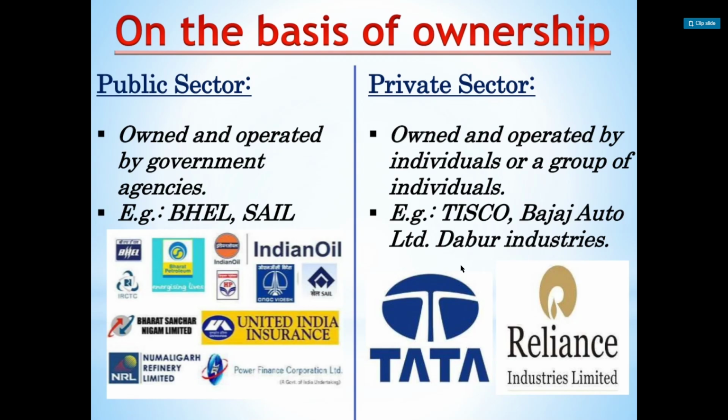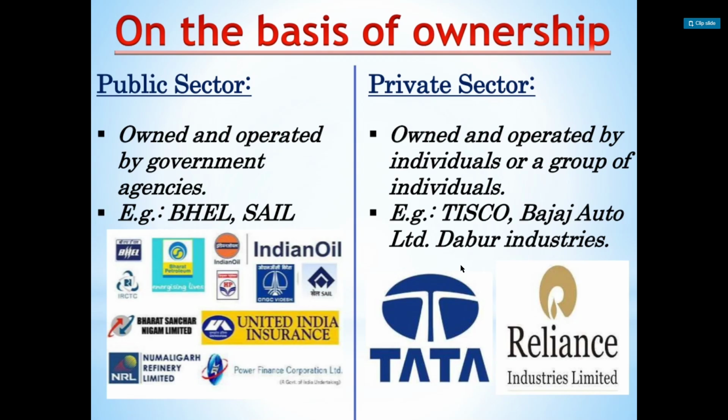So, the public sector, for example, BHEL and SAIL. And in the private sector, TISCO, Bajaj Auto Limited, Dabur Industries, Tata, Reliance Industries. You can see in the current scenario that Reliance is rising, the graph of Reliance is going up day by day.